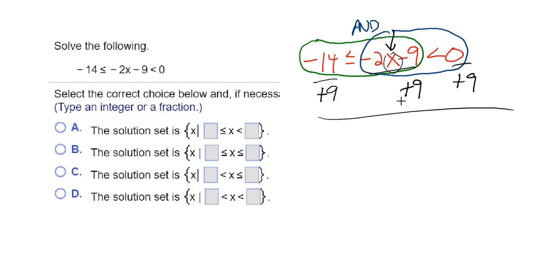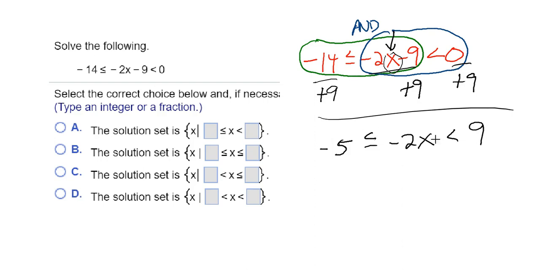So if I'm going to add 9 to the middle, I have to add 9 to the left-hand side and to the right-hand side. So on the left-hand side, we'll get negative 14 plus 9, which will be negative 5, less than or equal to negative 2x will be left in the middle, less than 0 plus 9, which is going to be 9.